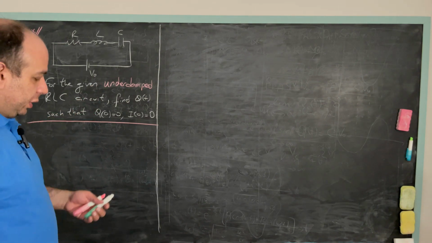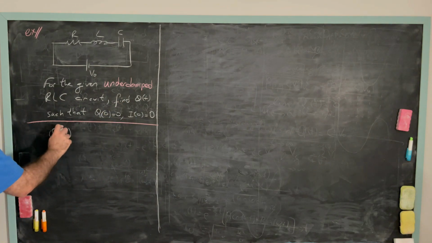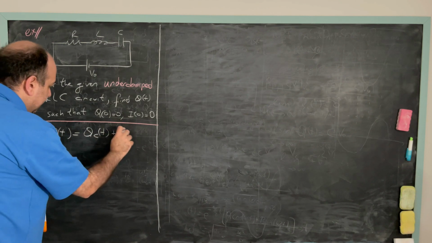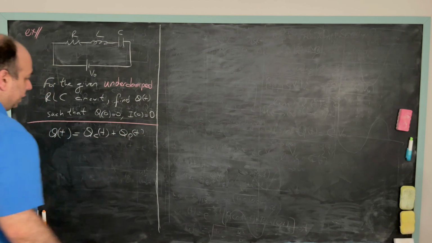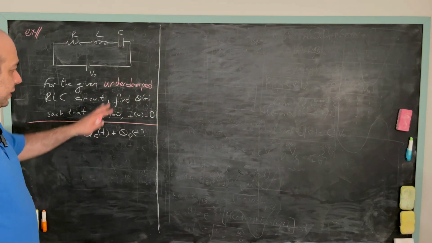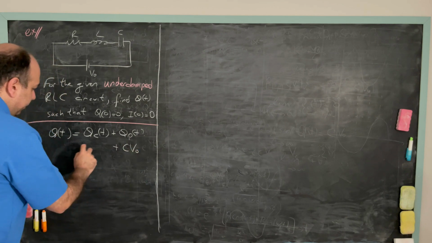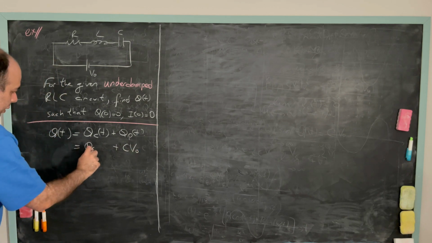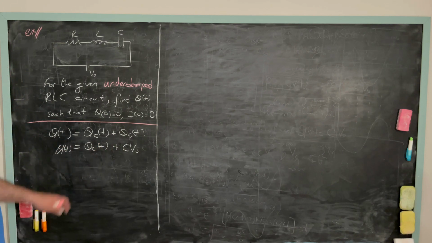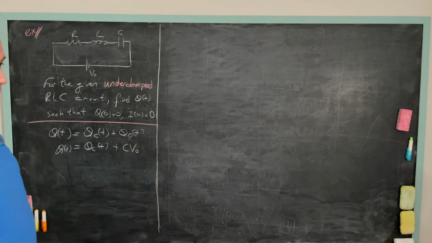So in the last board, we talked about the solution Q of t. Q of t is equal to the complementary solution plus the particular solution. The particular solution in any kind of damping was the same, C times V naught. We already solved that. However, the complementary solution takes different forms depending on what kind of damping is in this circuit.